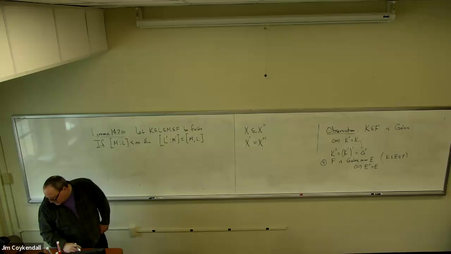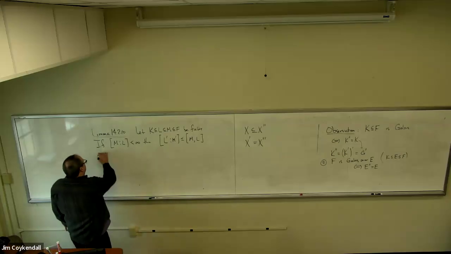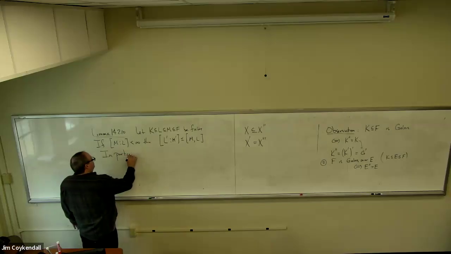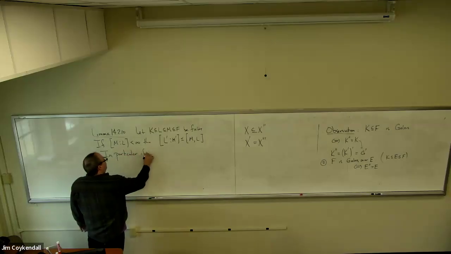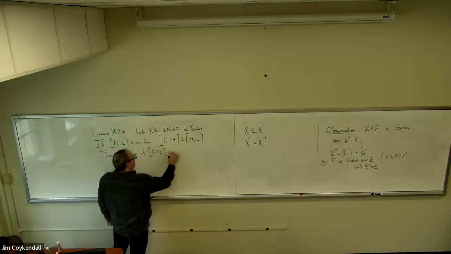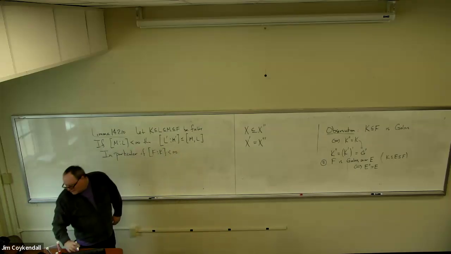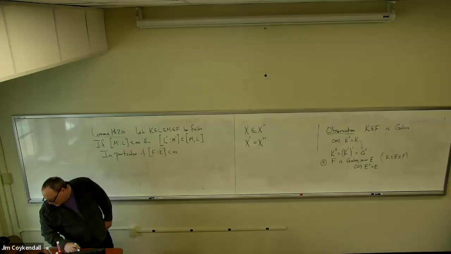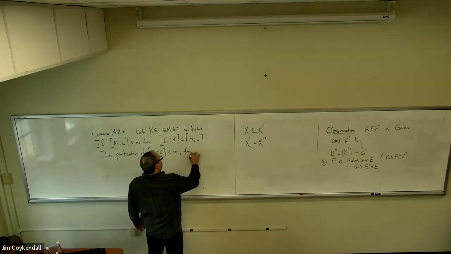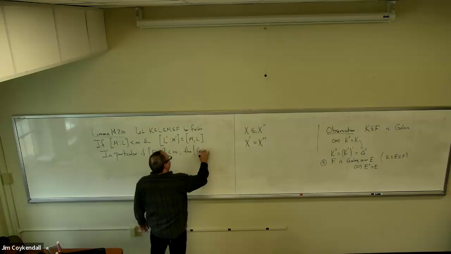In particular, if the degree of F over K is finite, then the Galois group is bounded by this. In particular, it's finite.